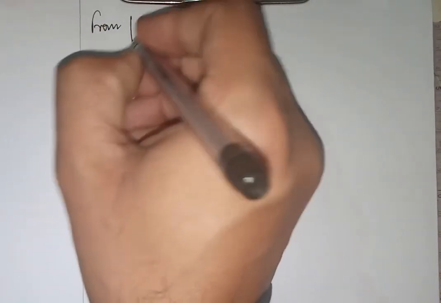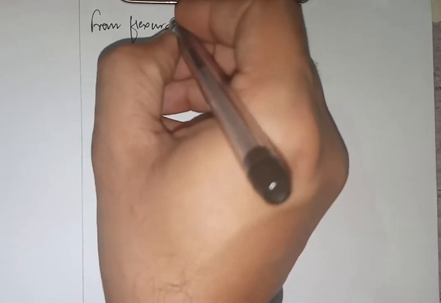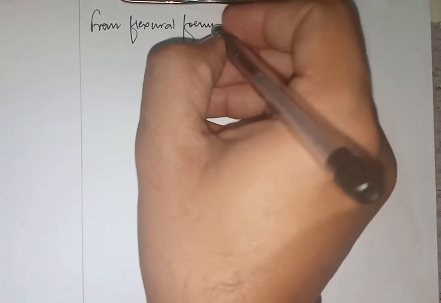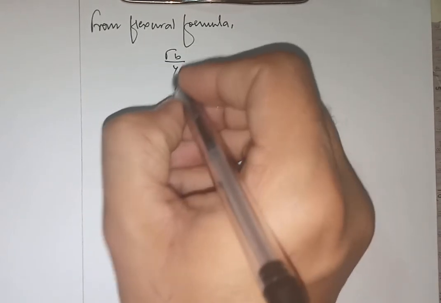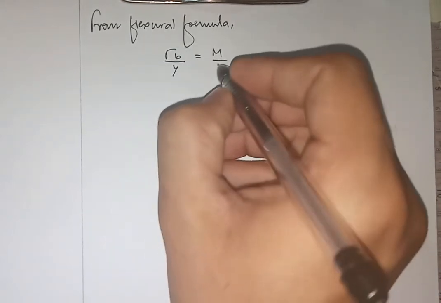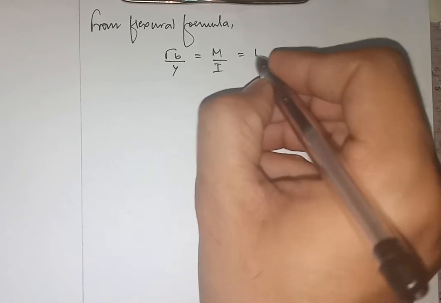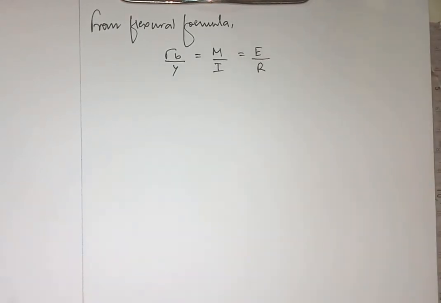Now also we know from the flexural formula that sigma b by y is equal to M by I is equal to E by R. Now I'll be combining these two.